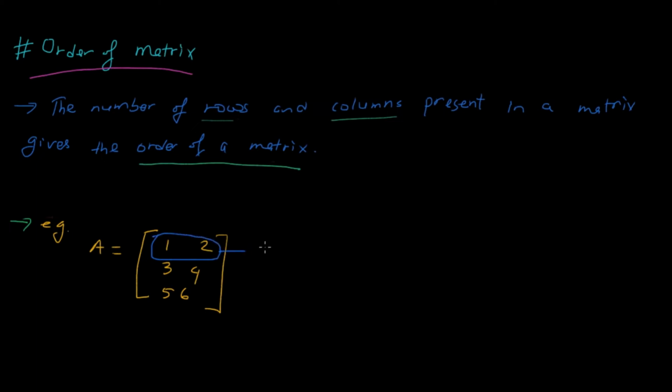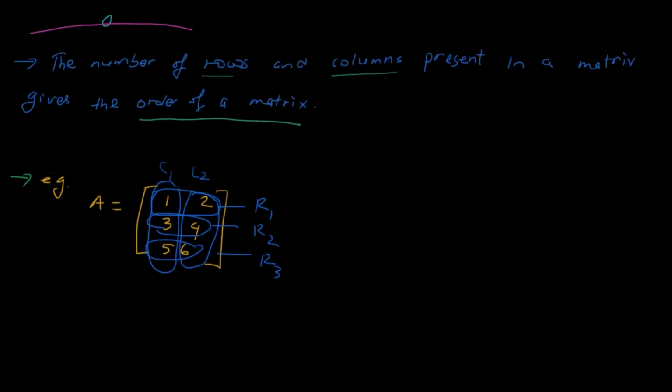Here this is row 1, another row is R2, and another row is R3. So here we have 3 rows, and similarly we have one column and another column C2.